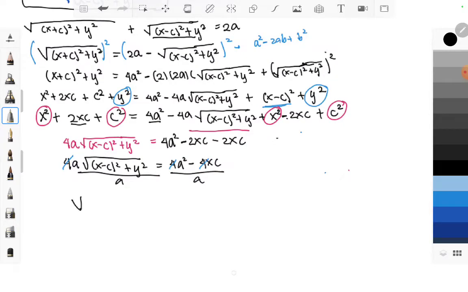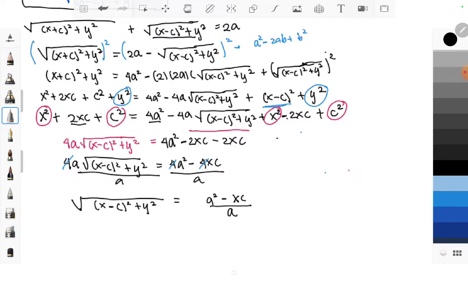So we will have the square root of (x minus c) squared plus y squared, which is equal to a squared minus xc all over a.